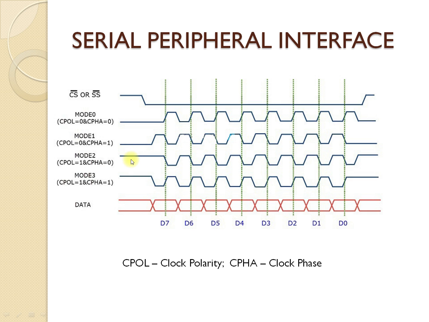What is meant by clock polarity and clock phase is that the clock generated by the master has positive polarity. If that clock is inverted, then it is called an inverted clock.